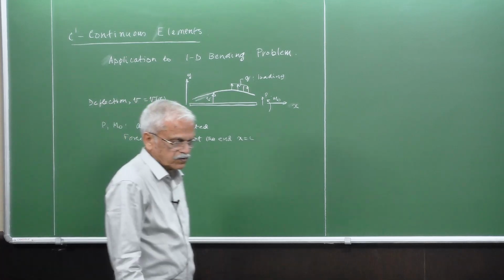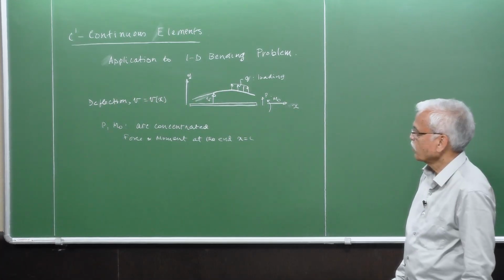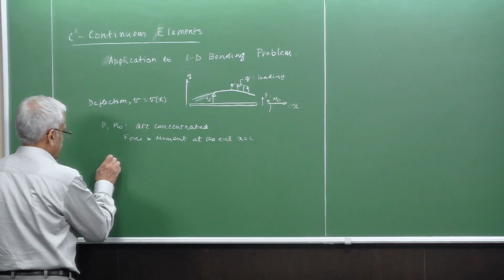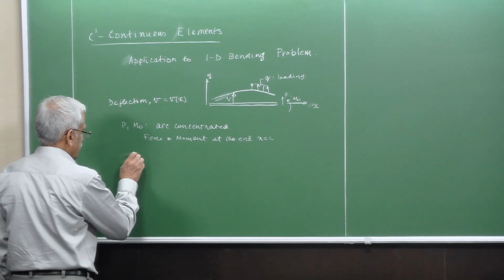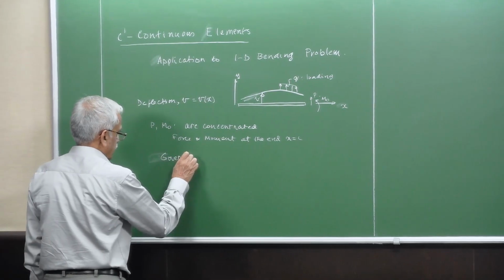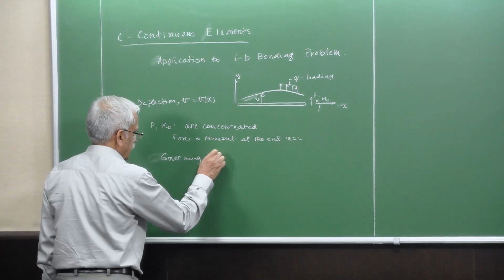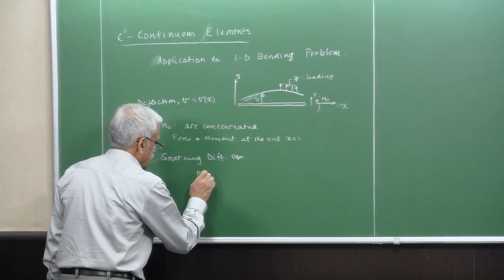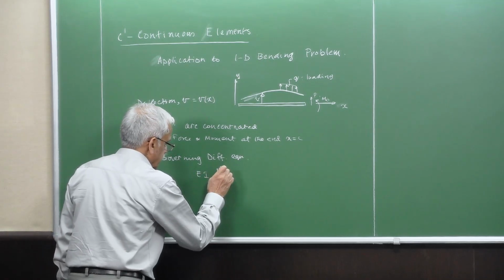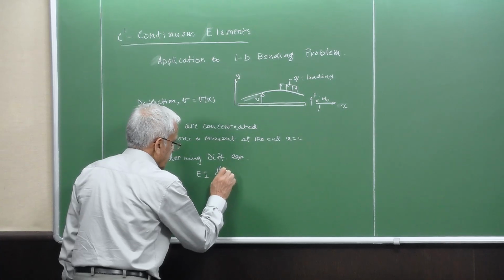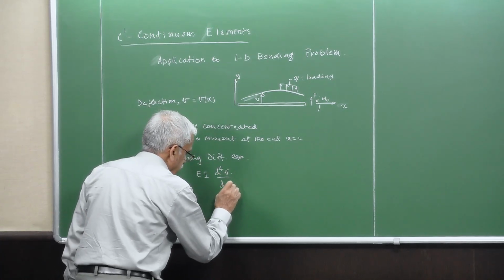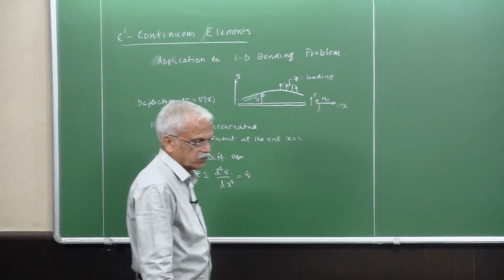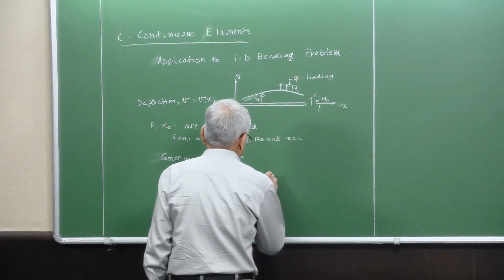So this is the description of the problem, and the equation here is in the form of a differential equation: EI d to the power of 4 v by dx to the power of 4 is equal to q, right?